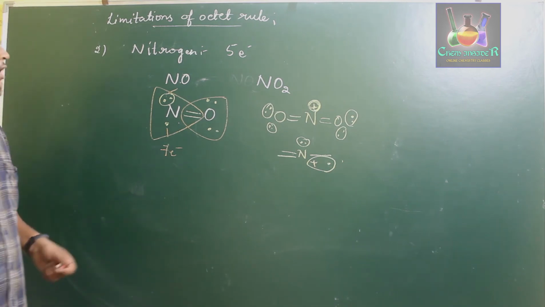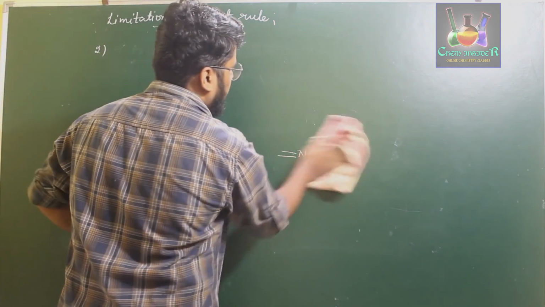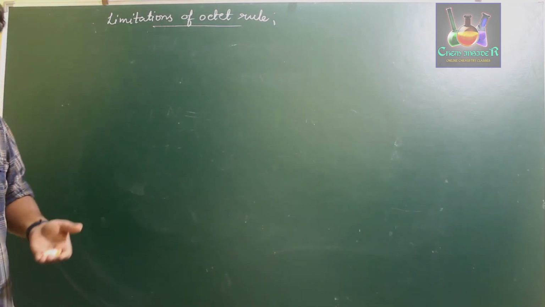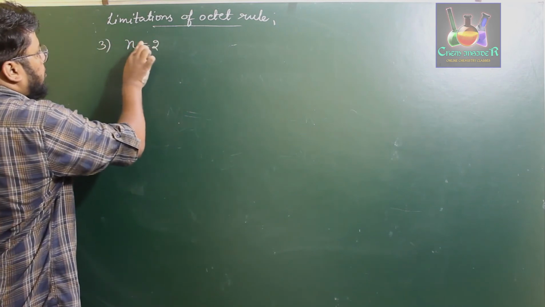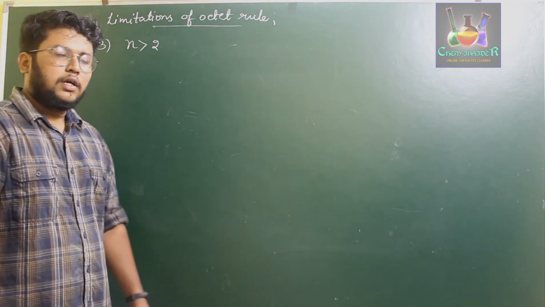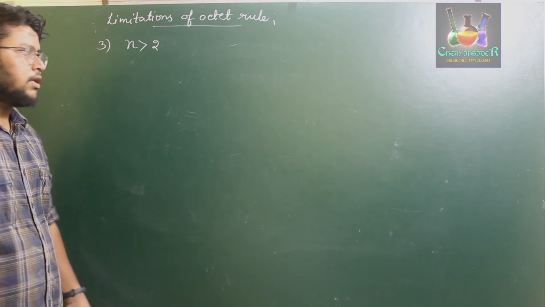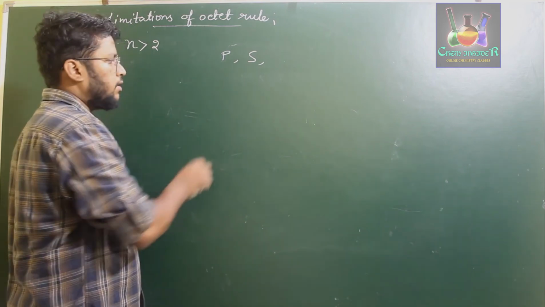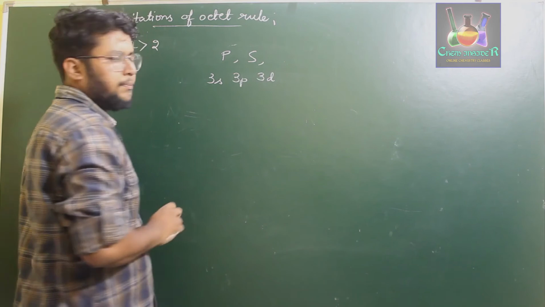Next is the expanded octet concept. In the third exception, what we observe is certain elements belonging to the n greater than 2 periods. If you consider elements which belong to periods greater than n = 2, they have more empty orbitals. If you consider phosphorus, sulfur, etc., they have 3s, 3p and 3d orbitals.